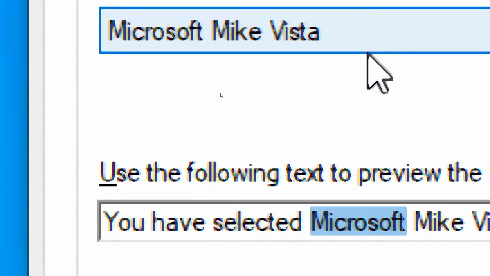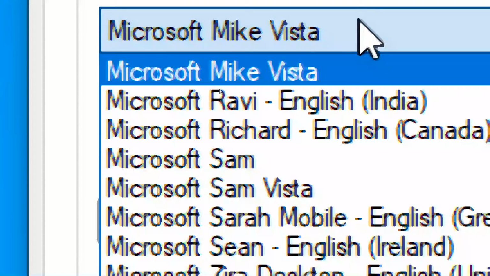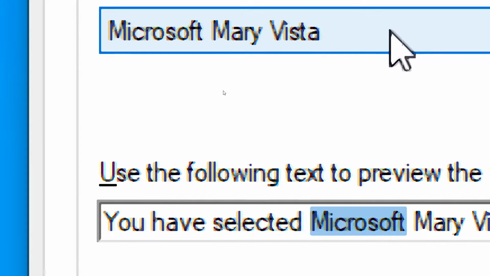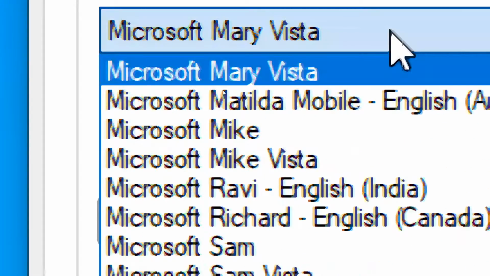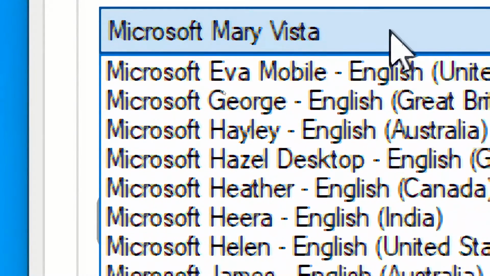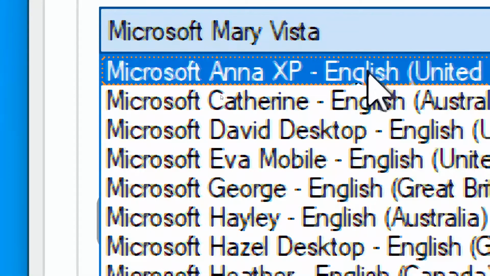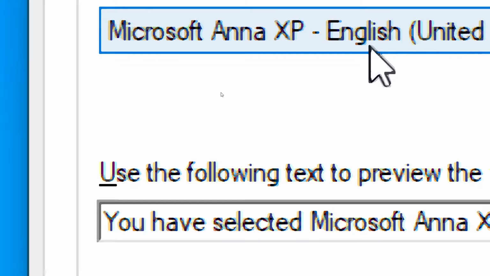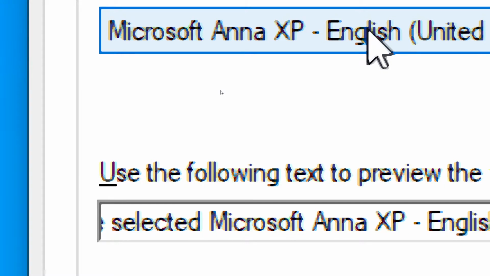You have selected Microsoft Mike Vista as the computer's default voice. You have selected Microsoft Mary Vista as the computer's default voice. You have selected Microsoft Anna Expert, English, United States as the computer's default voice.